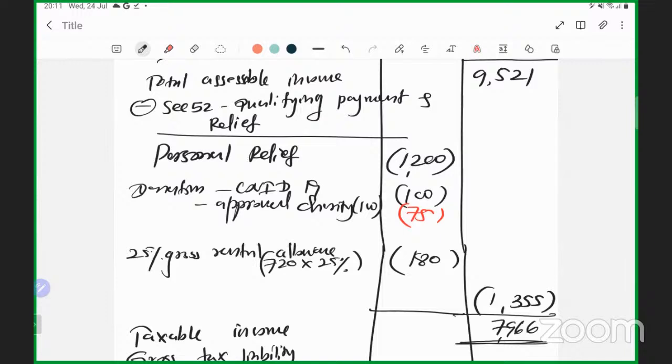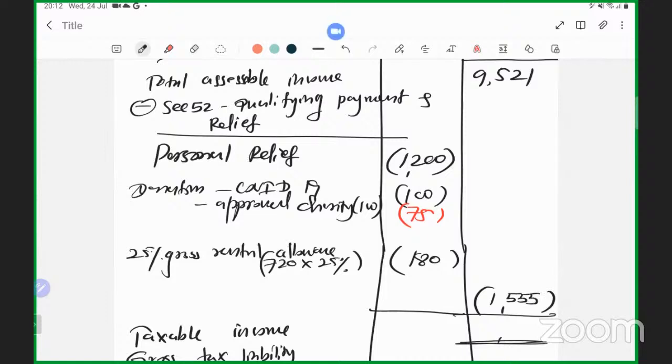Is this the total taxable income, or is there any error in this one? 1,555. Okay, thank you very much.